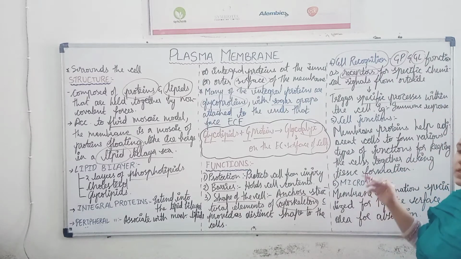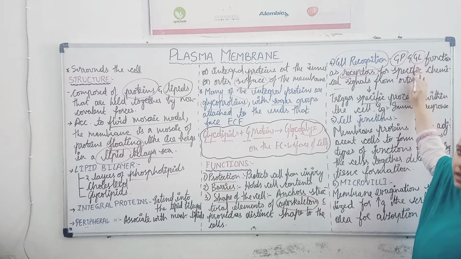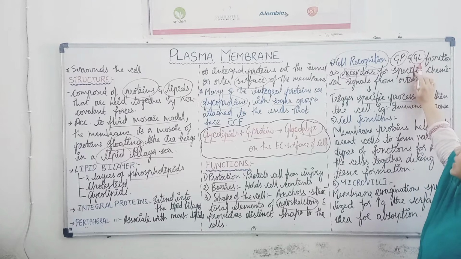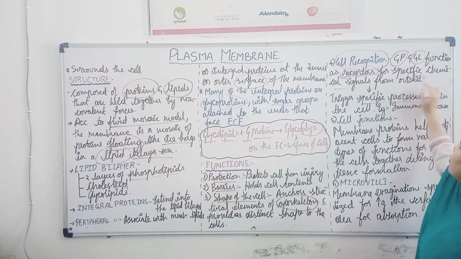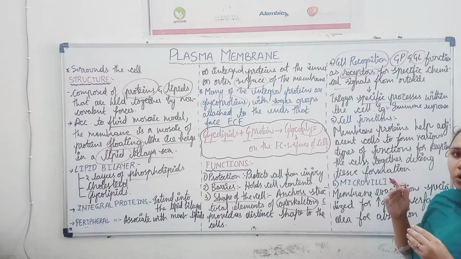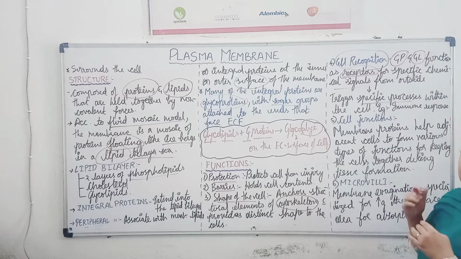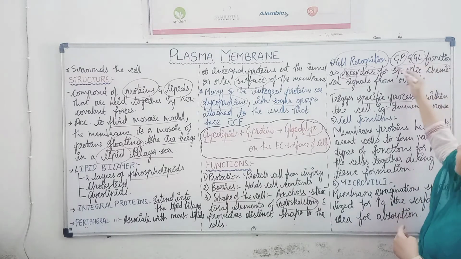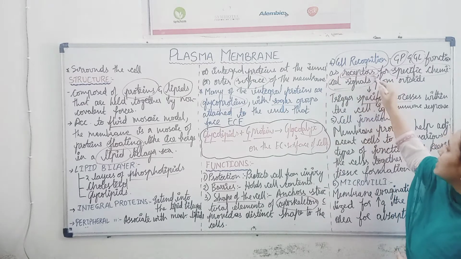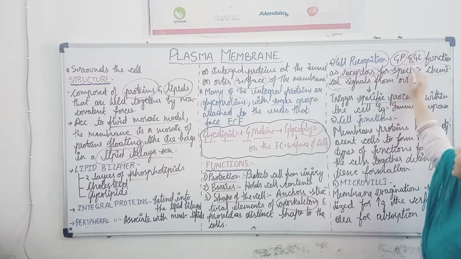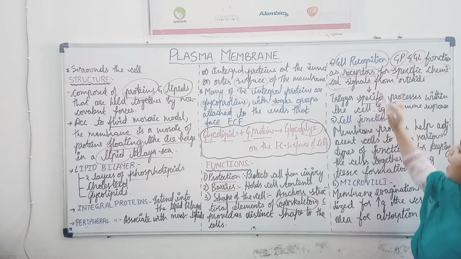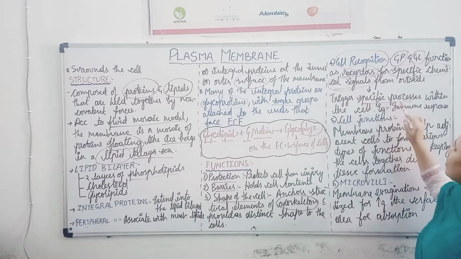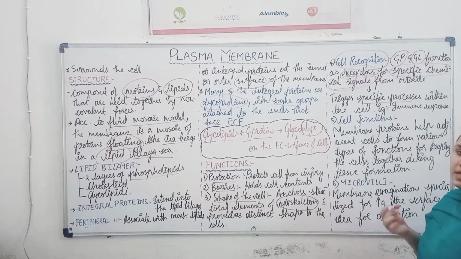Because the plasma membrane consists of glycoproteins and glycolipids, and these act as receptors. What are the signals which these receptors receive? They are specific chemical signals. Once the specific chemical signals occur, the glycoproteins and glycolipids act as receptors, and this results in triggering of specific processes within the cell. An example is an immune response.